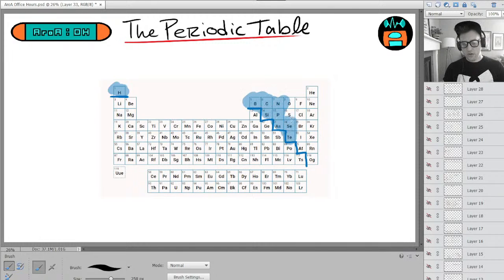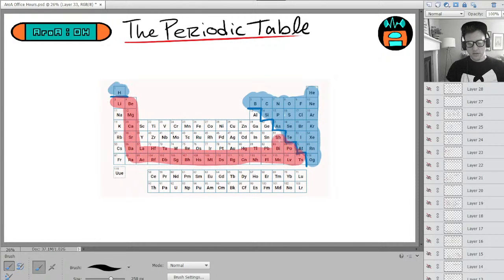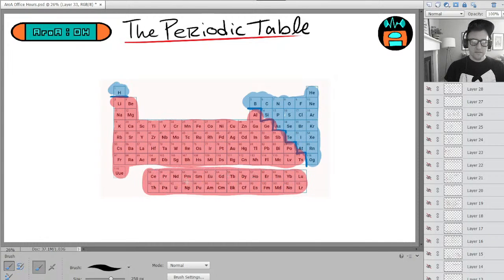So you're going to have all your nonmetals on this side of the tracks. On the flip side of the tracks, you're going to have your metal heads. So all these ones over here are all metals, and you can see that there are way more metals than nonmetals, including this little floating island down here. These are all metals.